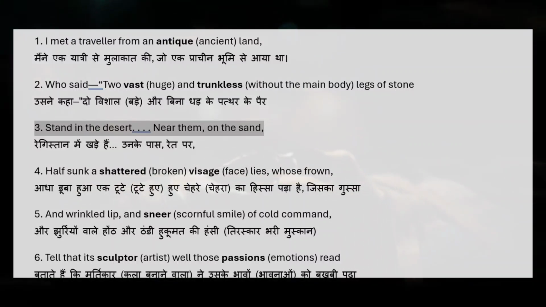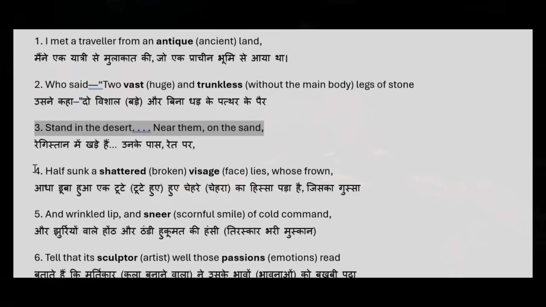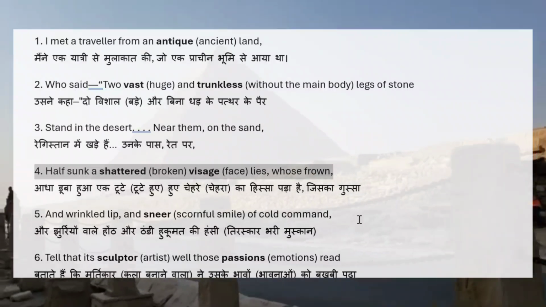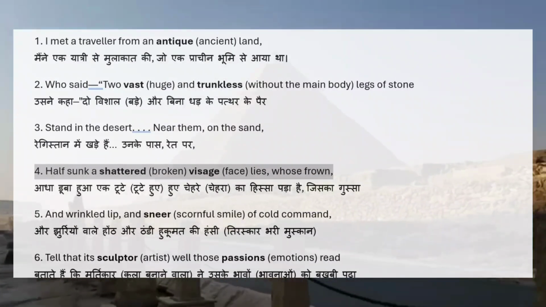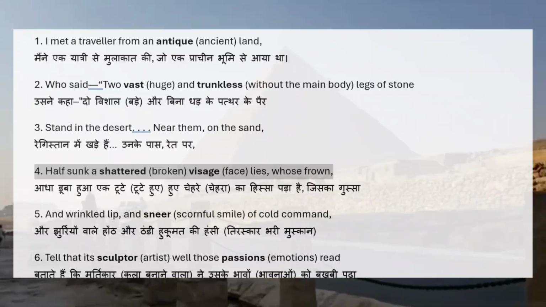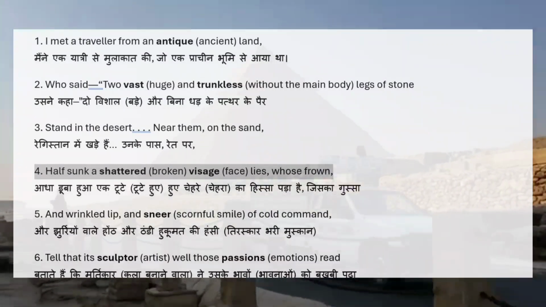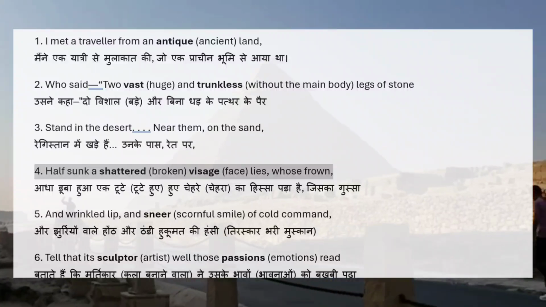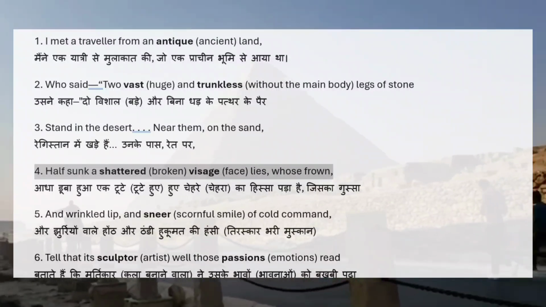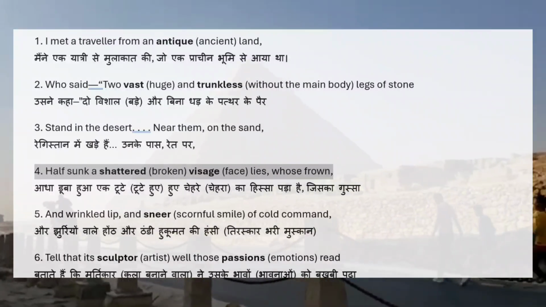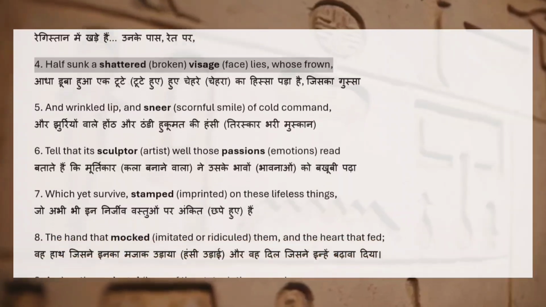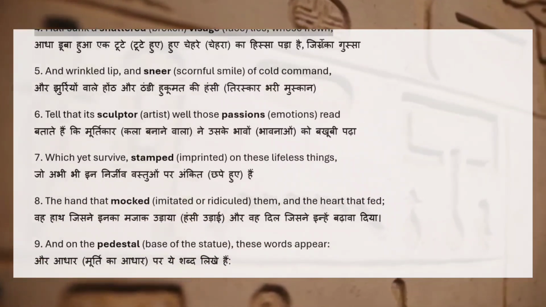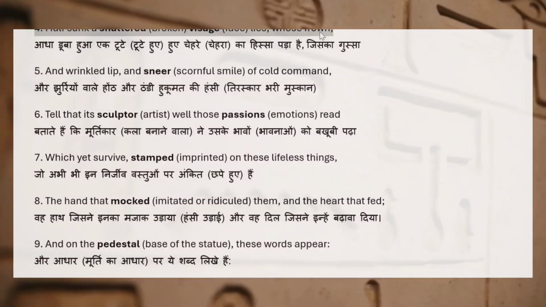Line number 4. Half sunk, a shattered visage lies, whose frown. The traveler sees the shattered visage, or we can say the broken face of the statue, lying half buried in the sand. The face has a frown, which means an angry or disapproving expression, suggesting the character of the person it represents.